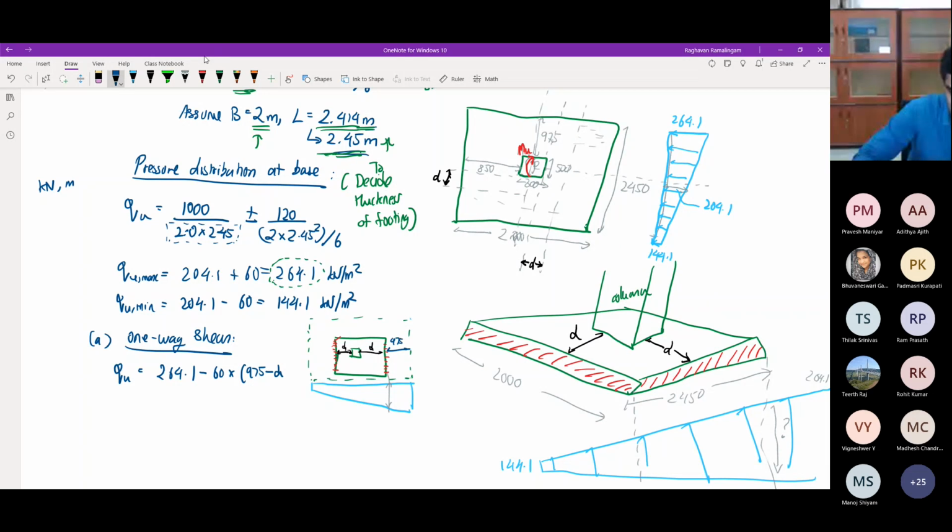This is 975 minus D by 2, so minus D by 2.